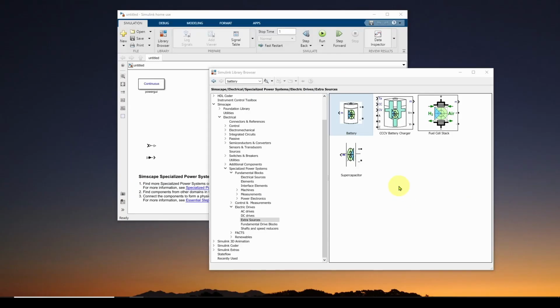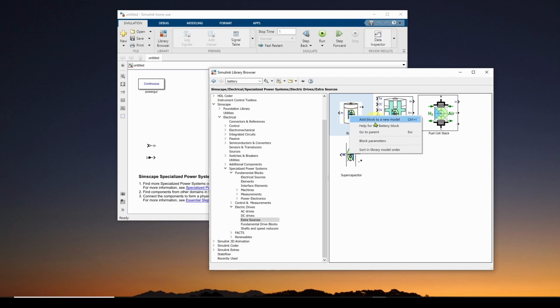Now, for those who have Simulink and use SimScape in the specialized power systems, there is a generic battery model. If you're interested in doing some simulations, you can see here, it's under SimScape, specialized power systems, electric drives, extra sources, and the battery.